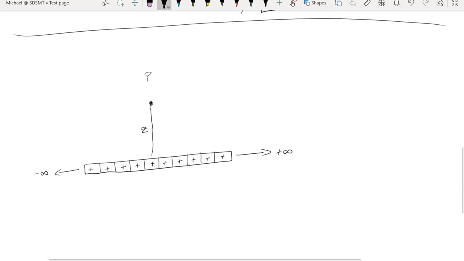And we used z to designate the distance from the line out to that point. But if the line is infinitely long, that means that any point that I choose should be the midpoint. And since we've already solved for the electric field at this point, then we should expect to see the exact same electric field magnitude at all of these other points.